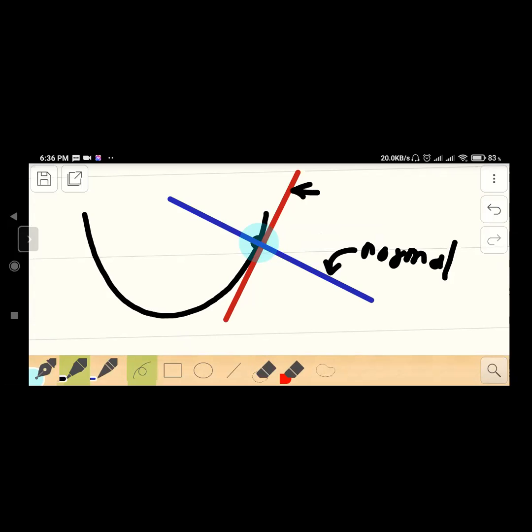And this line is the tangent. Remember, tangent and normal, they're drawn on the same point.